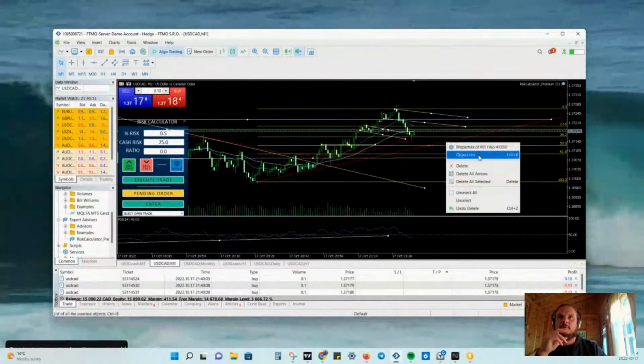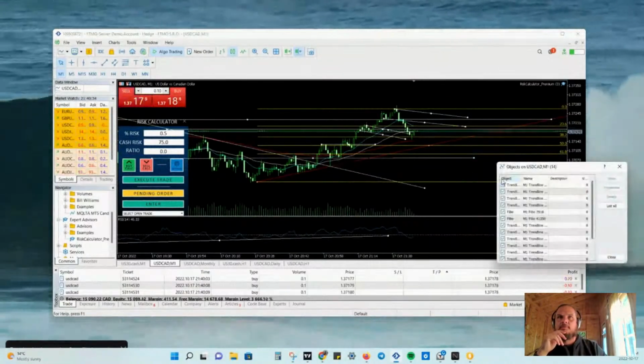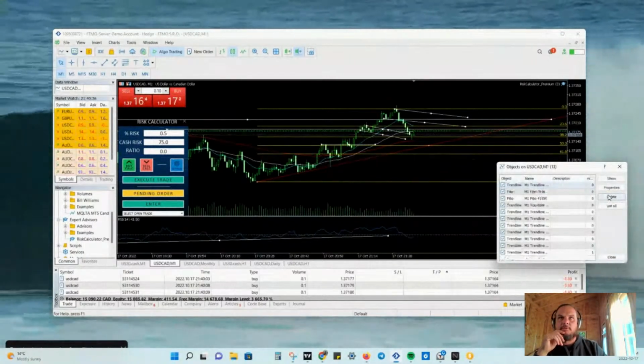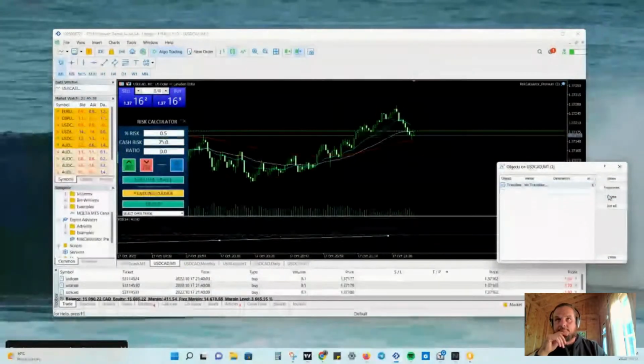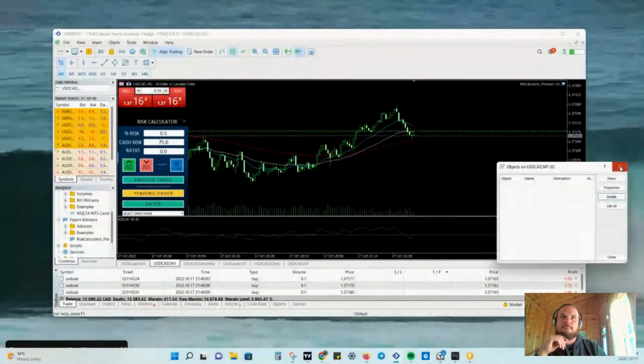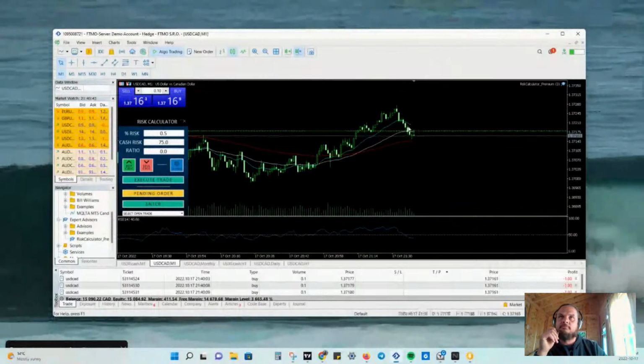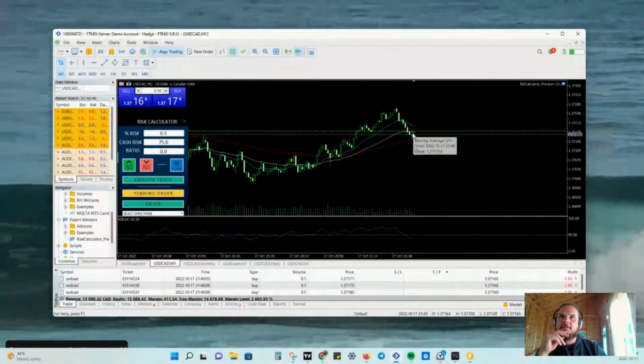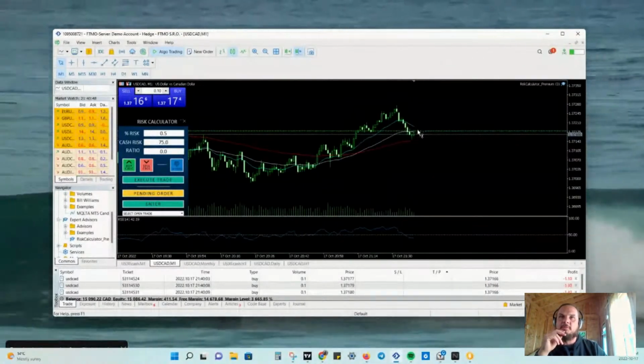Might clean this up a bit. This is what I call a spread because price was here, but I bought there.